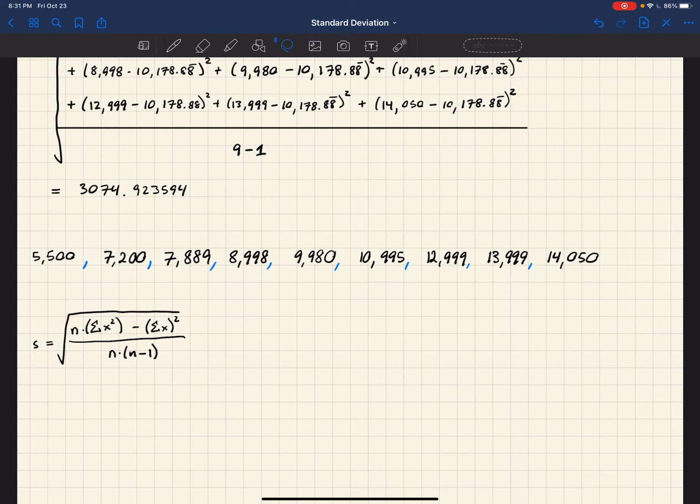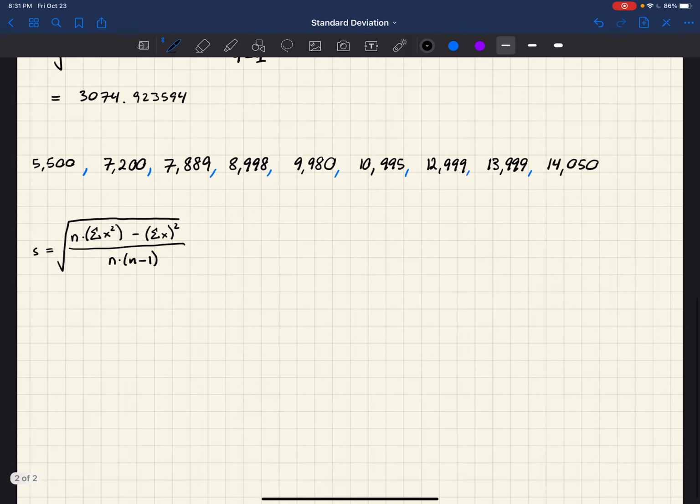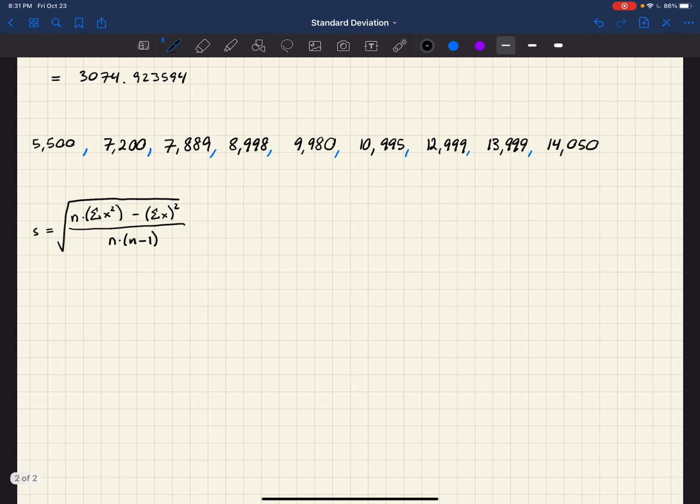So the first component of this calculation, we are going to take the sum of the square of each piece of data.